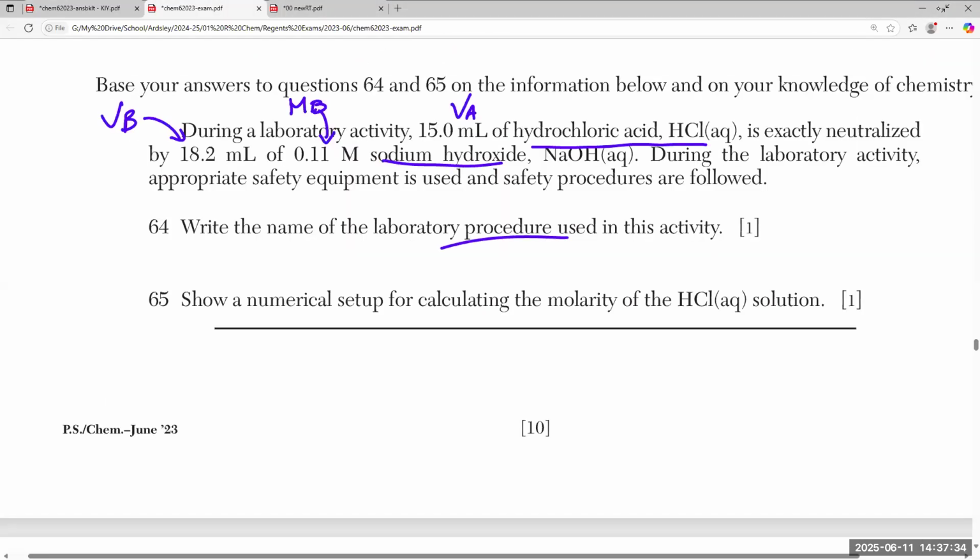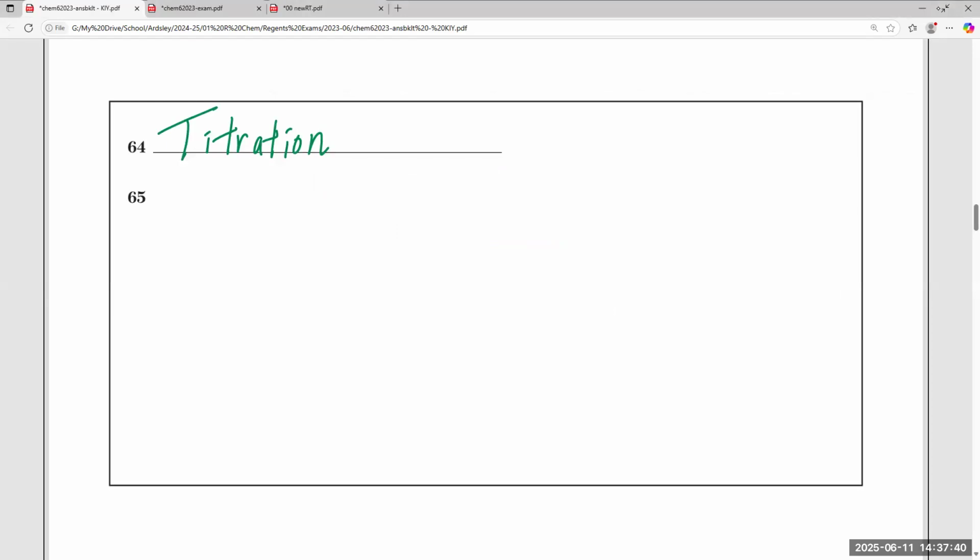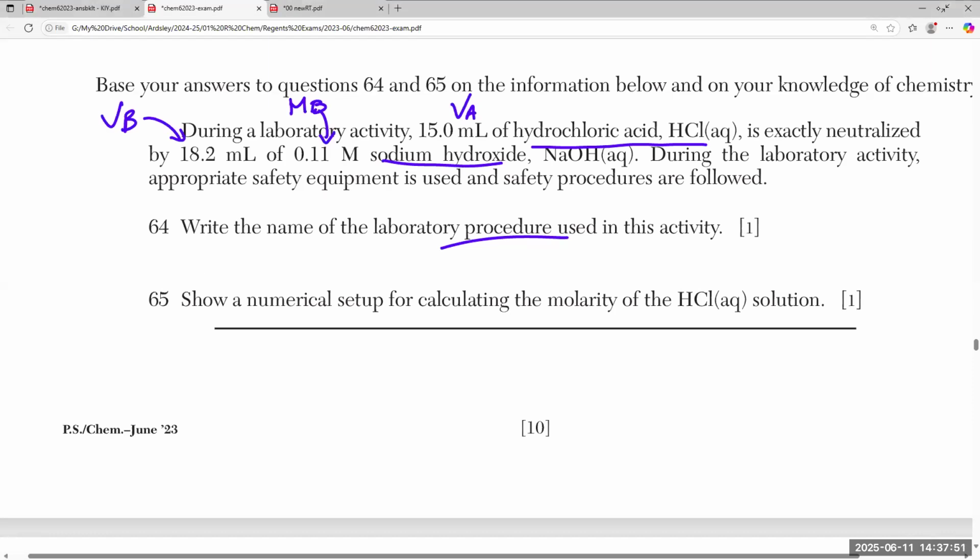Show numerical setup for calculating the molarity of the HCl. Well, surprise, surprise, we have it all set up already. Let's go. So we got Ma, Va, Mb, Vb. Have you noticed something? This FRQ, they never wanted you to calculate the final answer. I mean, you can, like I said. So let's fill these in. Ma is what we're trying to look for, because of the acid, that's Ma.